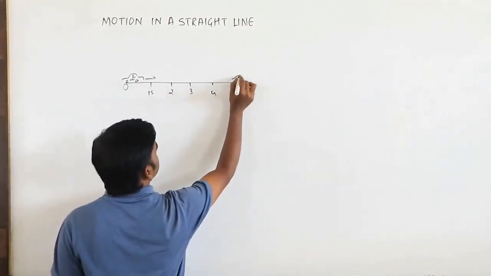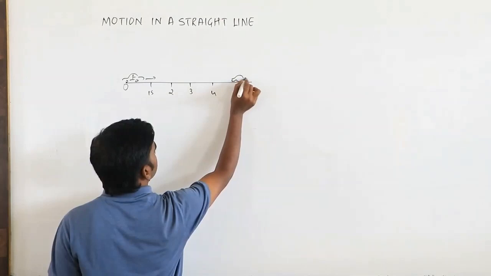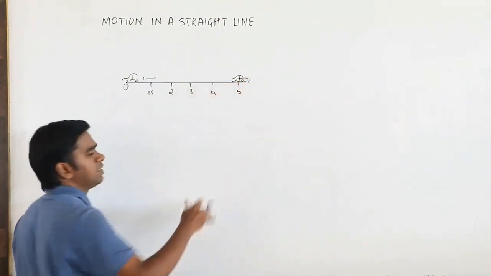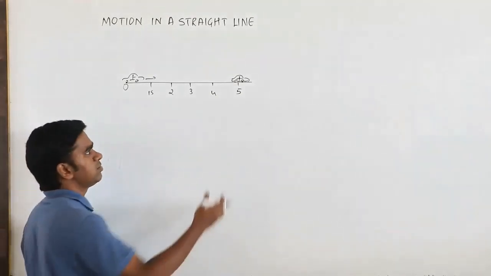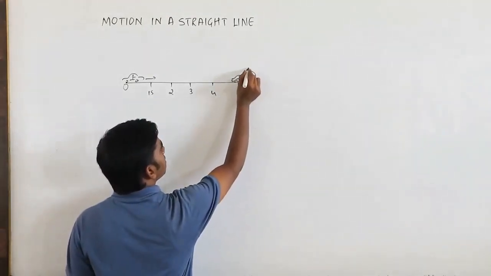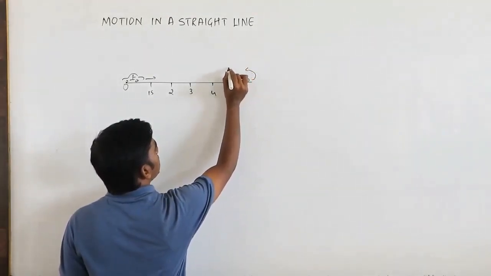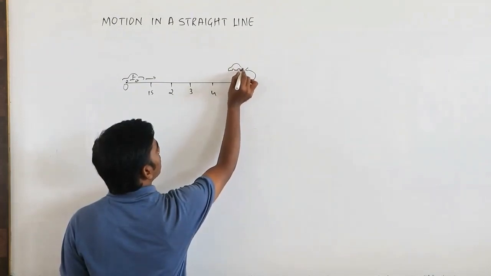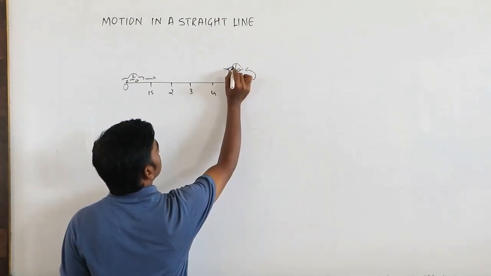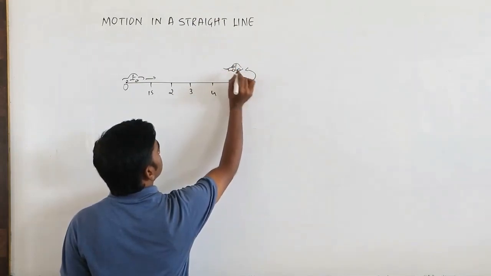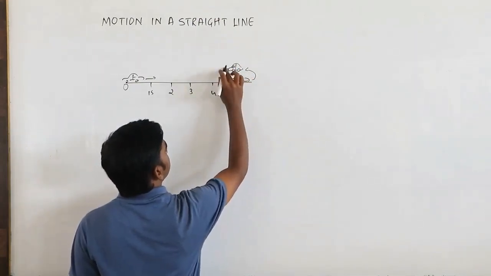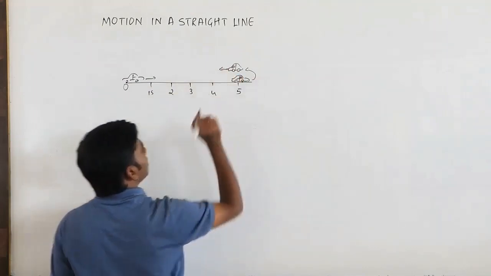So the car comes here. Okay, so now what will happen? It will apply the brake, meaning it will come to a stop, and it will return and start moving in this direction now. Okay, this is the direction.